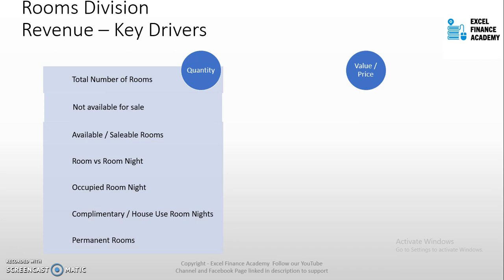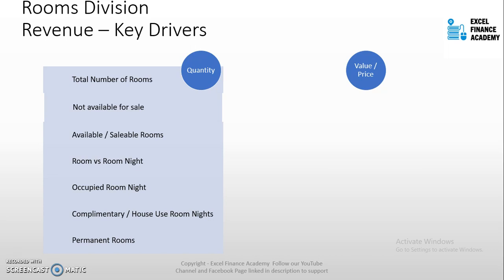A permanent room is a room which is contracted to be stayed in for more than 30 days. If there is a contract which says the guest is supposed to stay for 30 days or more, then it's called a permanent room. But if the guest is just staying there, with no defined contract, and continues to stay every day for maybe 2 months, 3 months, that is not considered a permanent room.